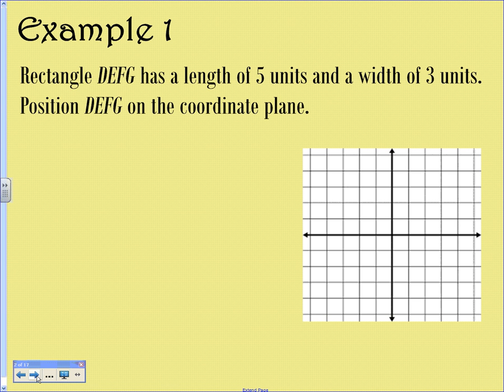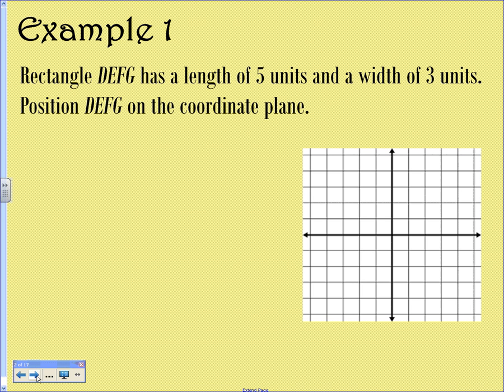All right, so we've got an example. They want us to put D, E, F, G on the coordinate plane. They tell us that it has a length of 5 units and a width of 3 units.